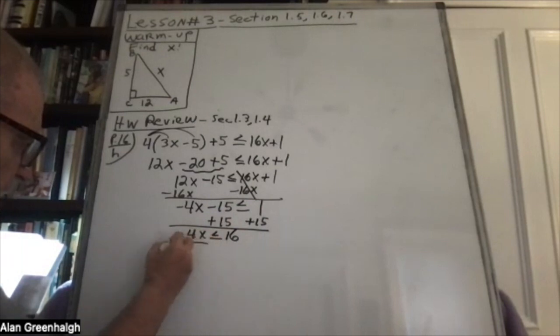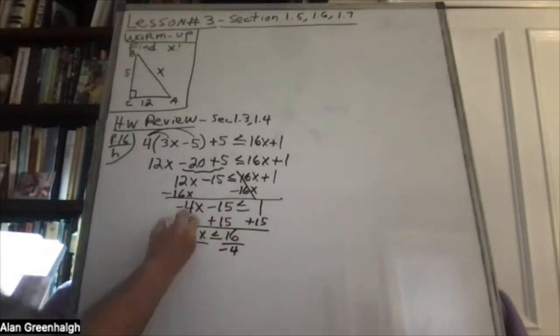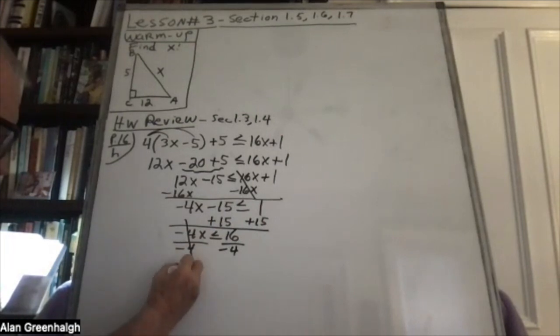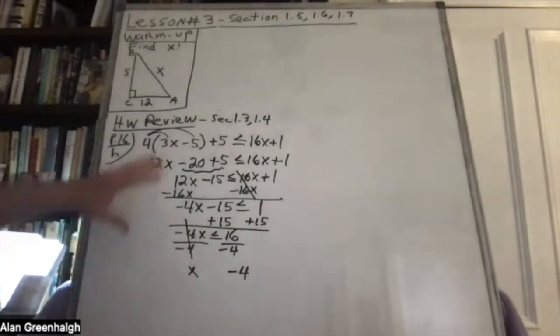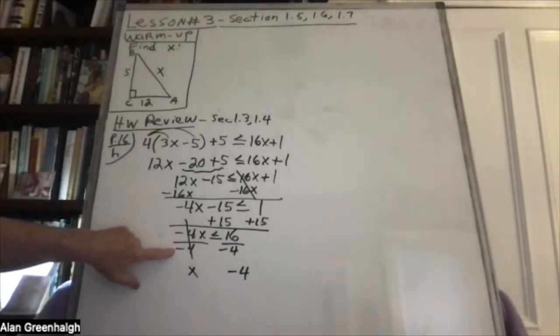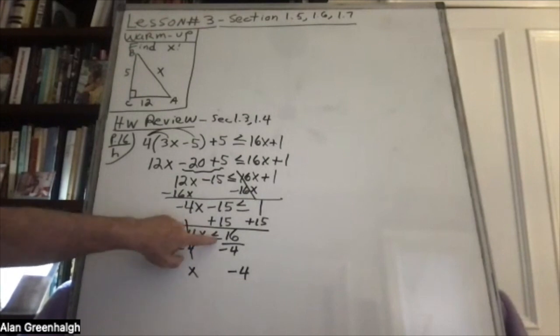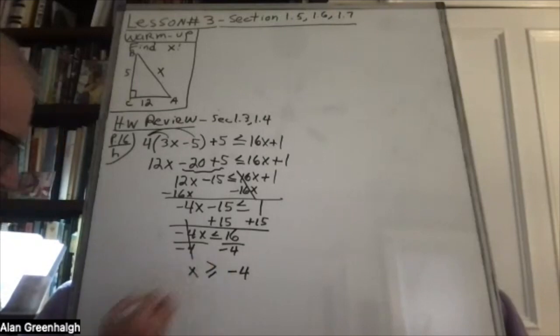You divide by negative 4. That cancels out. This becomes negative 4. And when you divide by a negative number in an inequality, the inequality sign reverses.